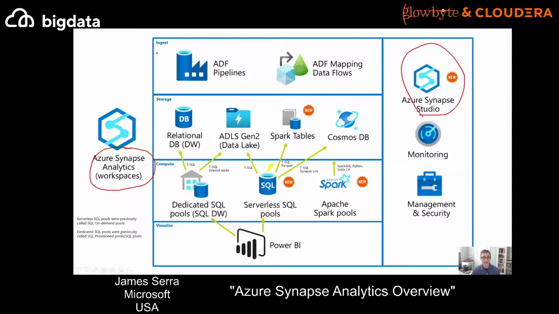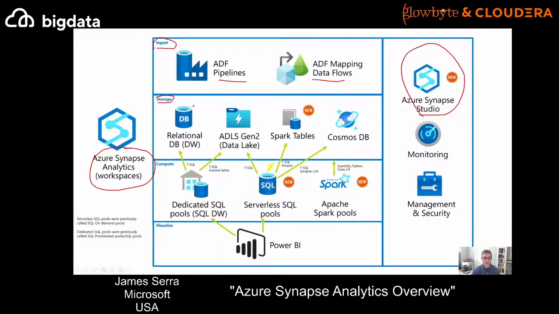One piece inside of Synapse Studio is the ingestion piece. This is where you're going to take Azure Data Factory pipelines and mapping data flows. They're not called Azure Data Factory within Synapse Studio, but they're the same code base. And you can use those to move data from, say, on-prem into Synapse, into a couple of areas now under storage.